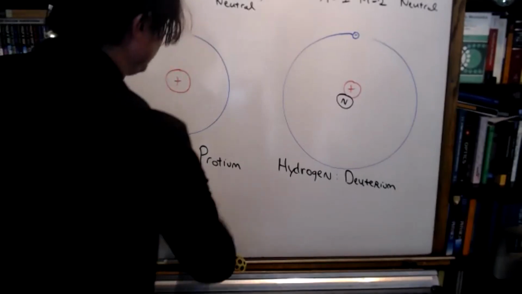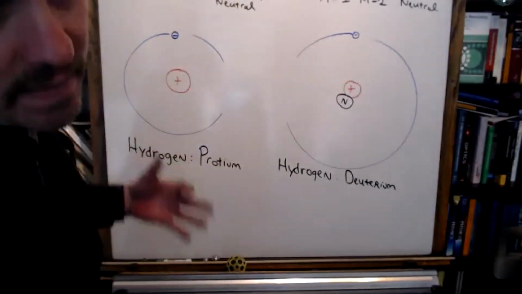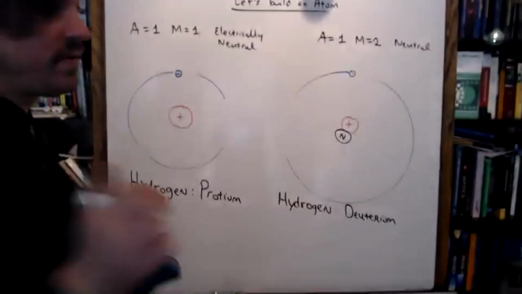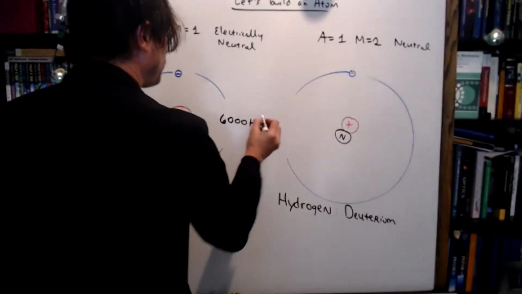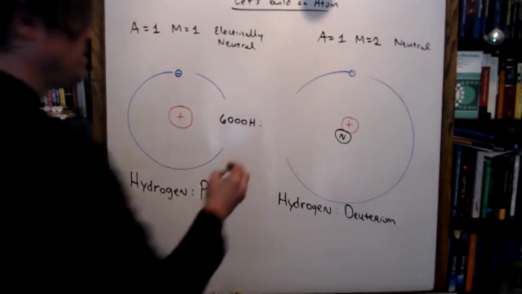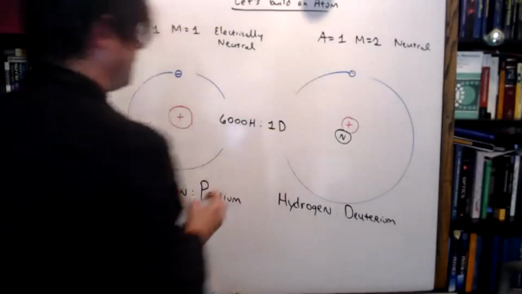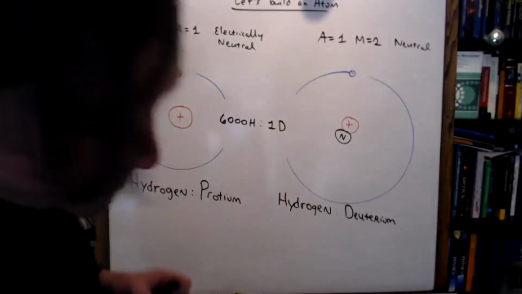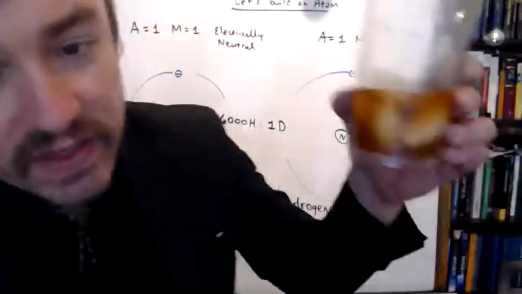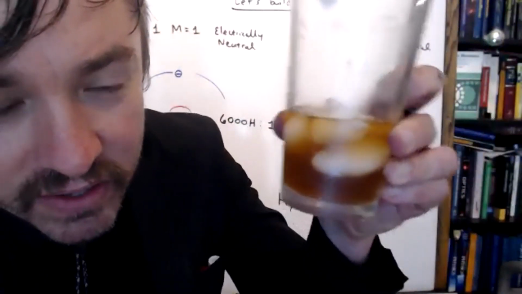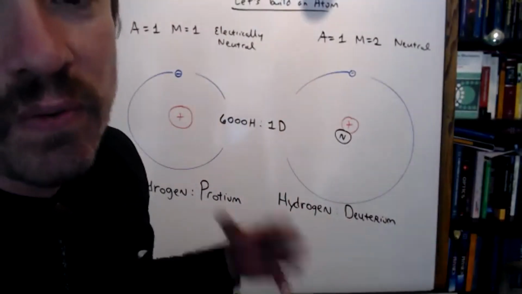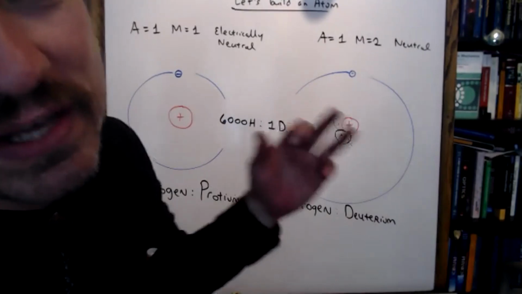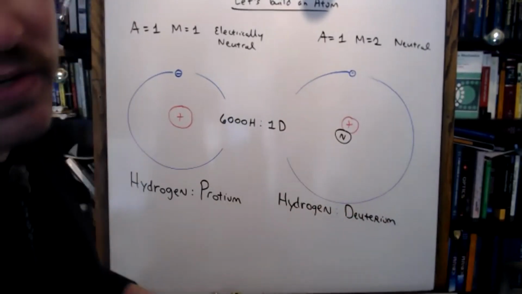That is, in nature, in the Eagle Nebula and everywhere else that I go, I find 6,000 normal protium hydrogens to every 1 deuterium. And I find that all over the universe. Even in the water molecules of this iced tea, I'd have to count through 6,000 water molecules, or since you get 2 hydrogen atoms each, 3,000 molecules to find 1 deuterium.